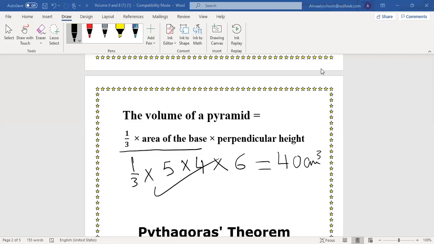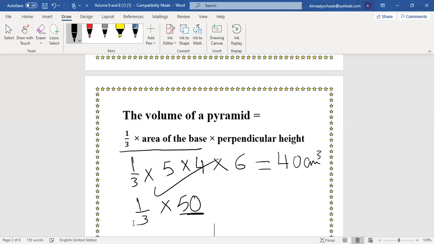1 over 3. Yes, it will be 1 over 3 multiplied by 50, and the 50 is the area of the base, multiplied by 8, which is the perpendicular height. Thank you. So 50 multiplied by 8 equals 400.